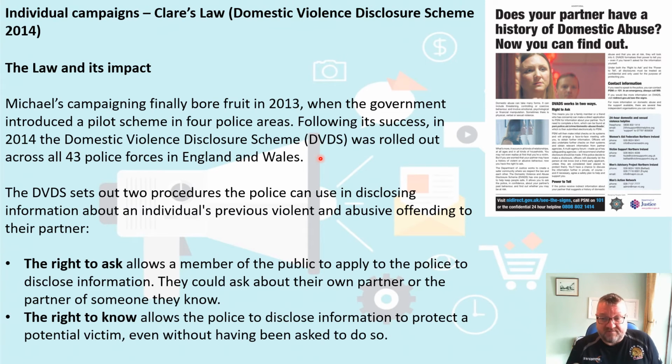And you also have the right to know, which allows the police to disclose information to protect a potential victim, even without having been asked to do so. So that puts the onus on the police if they think a potential victim needs to be informed and they haven't asked. So it works both ways. So here's the headline from one of the papers when this came out.